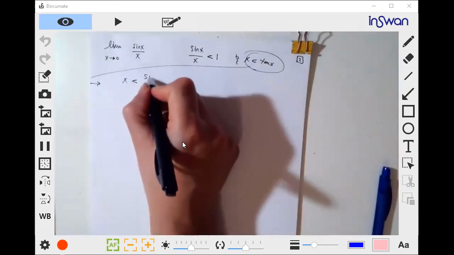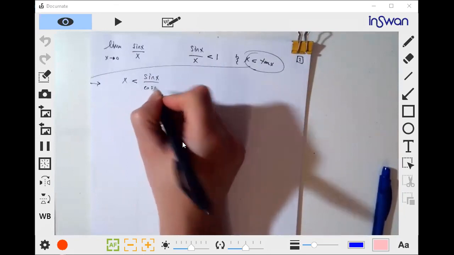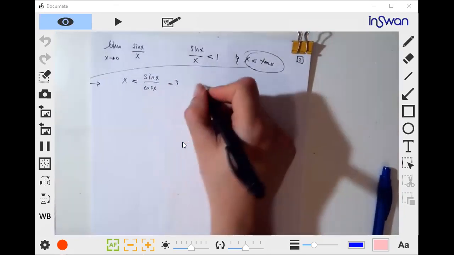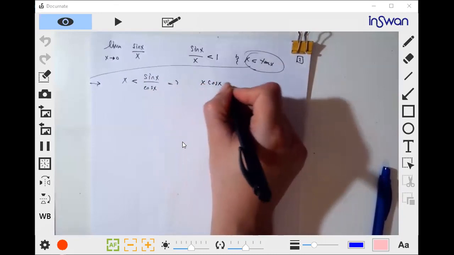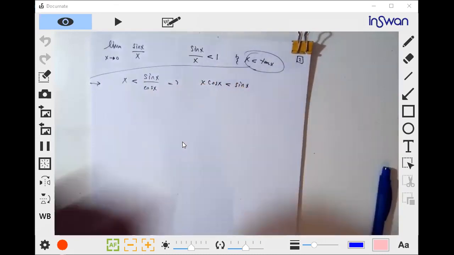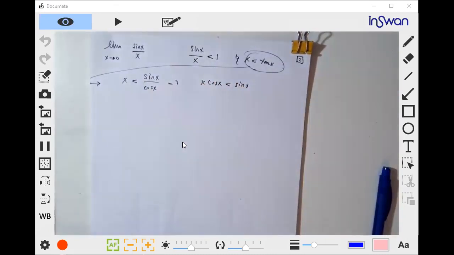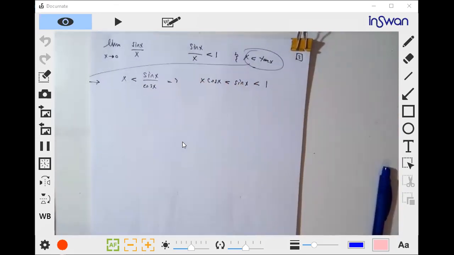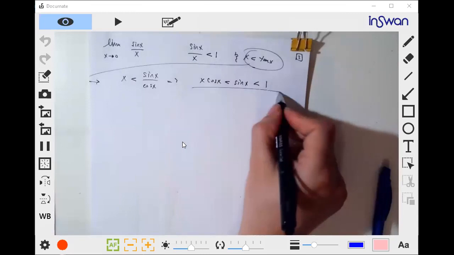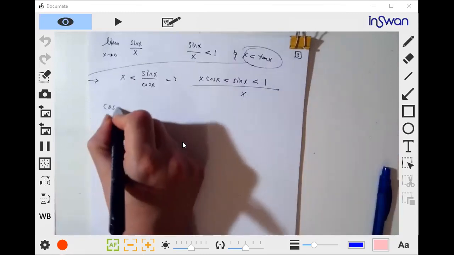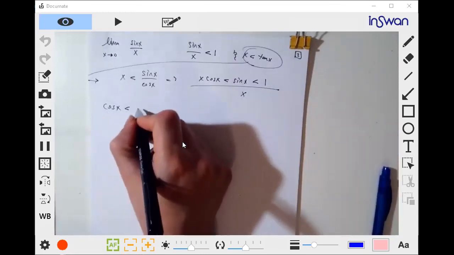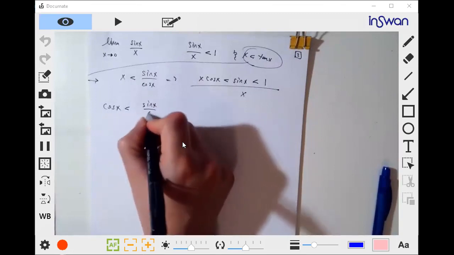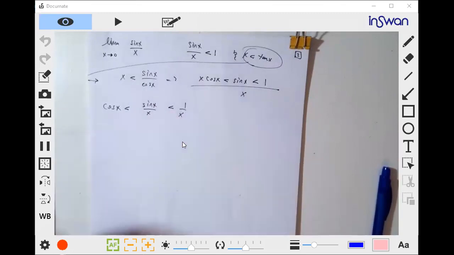So x is less than sine of x over cosine of x. Multiplying both sides by cosine, we get x cosine of x is less than sine of x. And we know sine of x is less than x, which we knew from before. So we can divide all 3 parts of the inequality by x, and we get cosine of x is less than sine of x over x, which is less than 1.